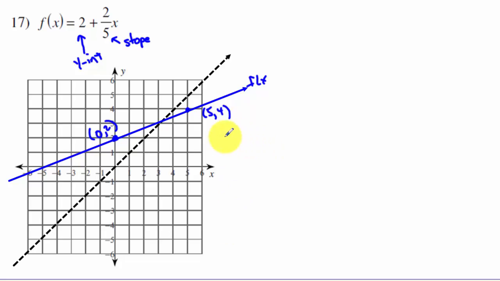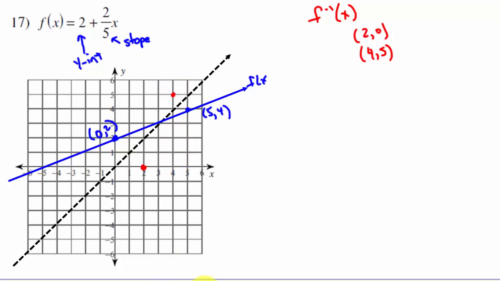So now if we want to, from what we learned before, if we want to do f inverse of x, it's going to be a linear function, and we're going to have 2 points. We're going to swap the x and the y's. So let's plot those points, 2, 0, and the point 4, 5.